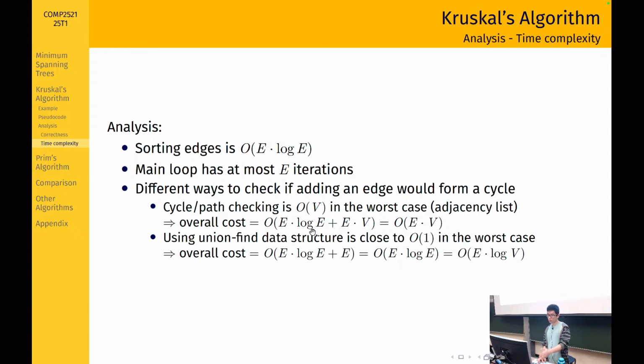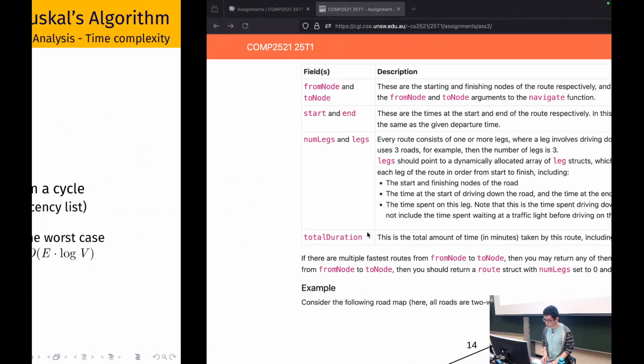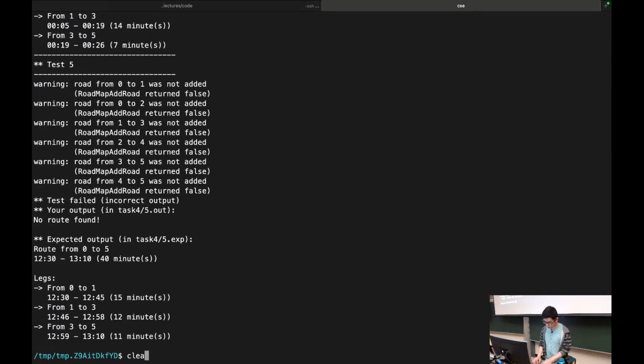Okay, so the reason why log E is smaller than V, let me just quickly explain that. First of all, we know that E is smaller than V squared, so that means log E is smaller than log of V squared.